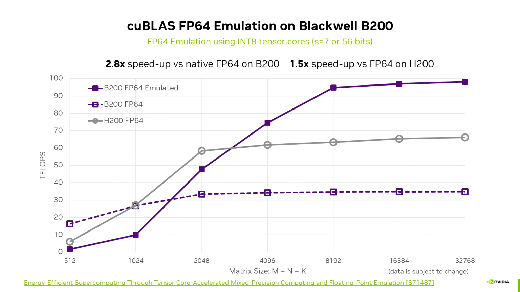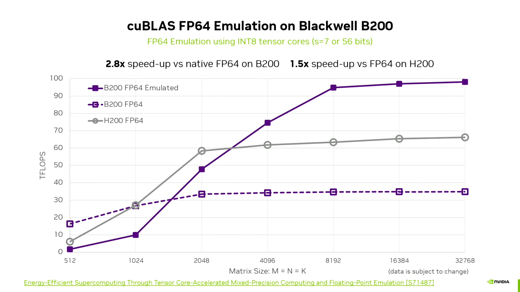For FP64, we have a relatively similar picture. We can see that with FP64 emulation using tensor cores, we can achieve a 2.8x speedup over the native FP64 throughput on Blackwell today, and that is about a 1.5x speedup on H200 Hopper.